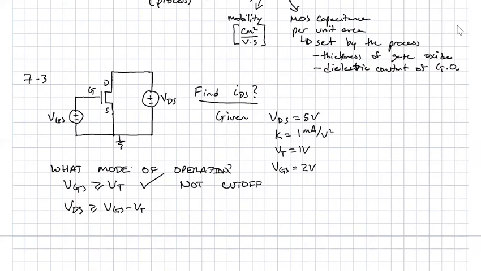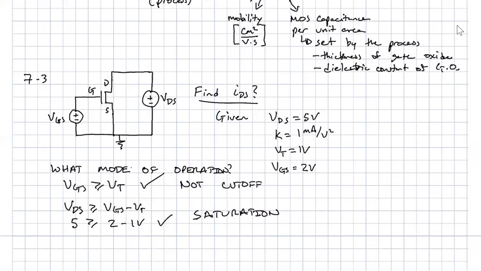VDS is 5 volts. Is that greater than or equal to 2 volts minus 1 volt? And the answer is yes. So this tells us we are in saturation. And so if we're in saturation, then we know that we can use the switch current source model.